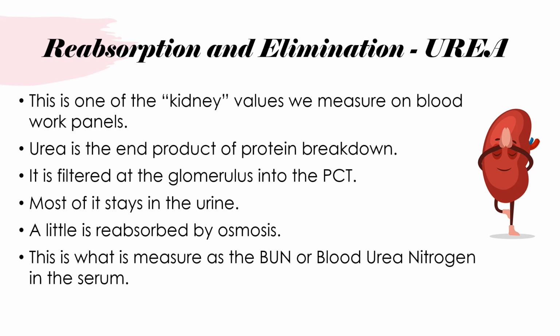So we want most of it to stay in the urine so we can urinate it out because it's a byproduct of protein breakdown. If you drink a protein shake, the protein molecules would get into your body through the digestive tract, and it would break down into amino acids.